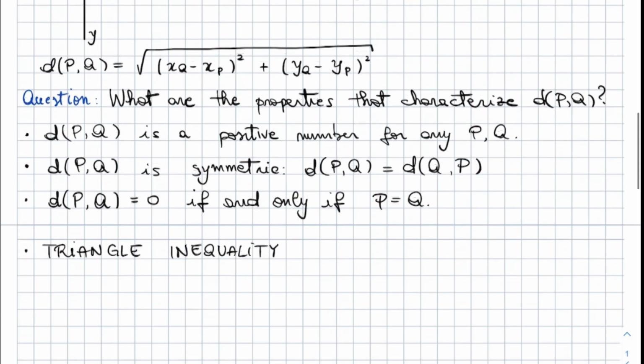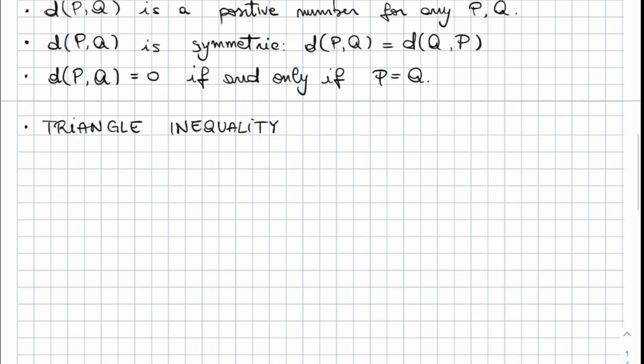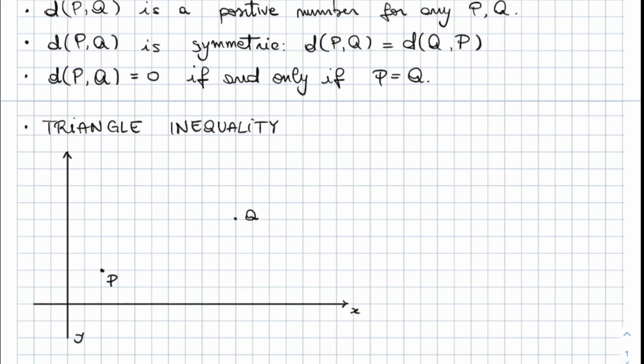To understand where this inequality comes from, before writing it down, let's try to understand it with an example. So I'll draw once more the axes x and y, and I will take a point P here and a point Q here. And then I will ask myself, what's the shortest way to get from P to Q?